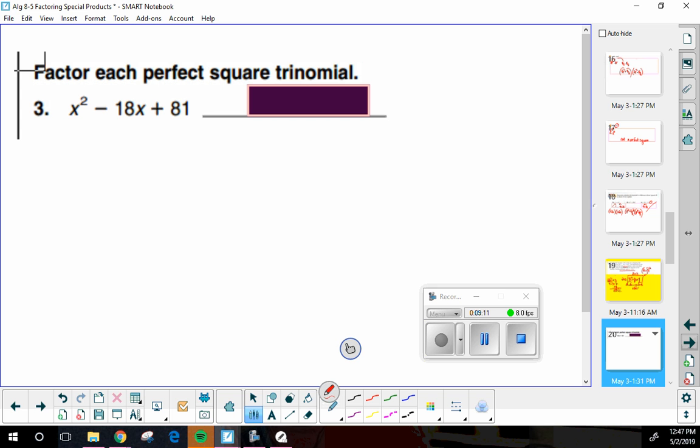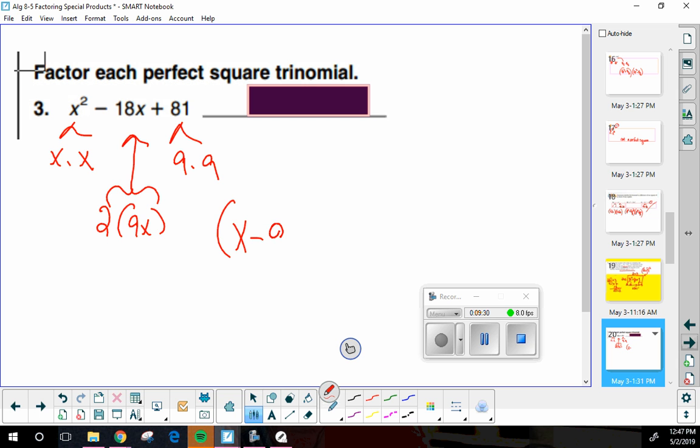Okay, we'll just do a few more practice problems. This is an x and an x, and that's a 9 and a 9, and that's 2 times 9x. Yep, it works. So this is x minus 9 squared, because there's a minus sign right there.